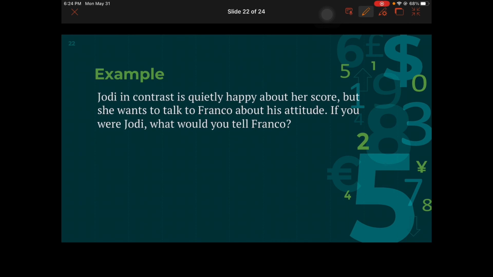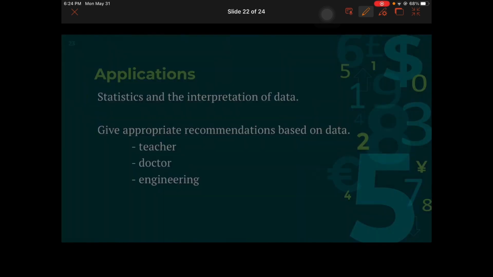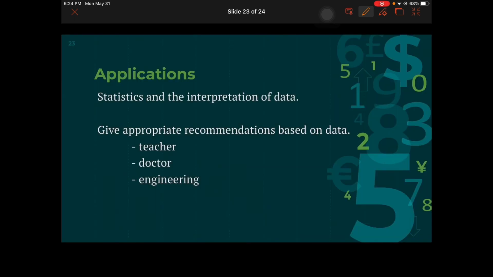Alright. So that's our lesson. Let's recap. Remember that data is only relevant if we know how to interpret it and analyze it, and we know how to make it into something useful for everyone. Like in your science research, for those of you in grade 10, I know you're doing a mini thesis and you are supposed to collect data.